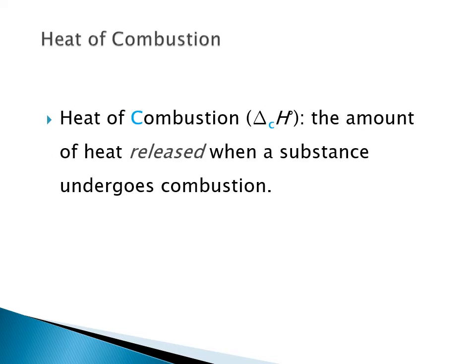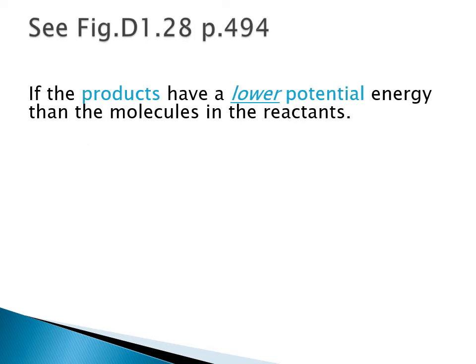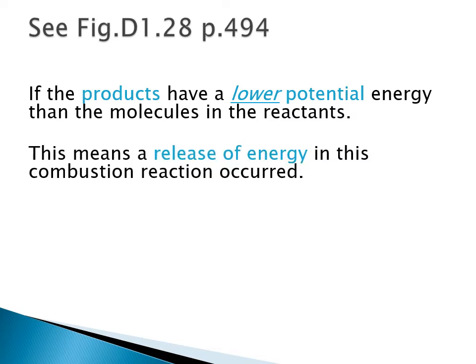Okay, so let's start with the heat of combustion, and this is the amount of heat released when a substance undergoes combustion. Okay, we understand that. It makes sense. This is where we're going to have to make sense in our heads, and we have to understand that if the products have a lower potential energy than the molecules in the reactants, this means there's a release of energy.